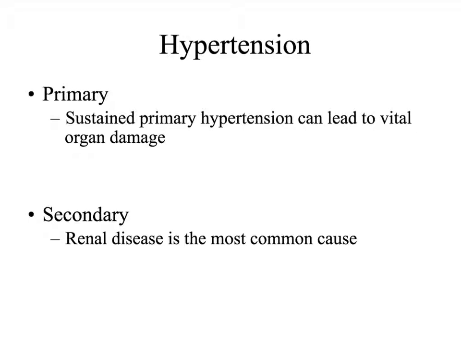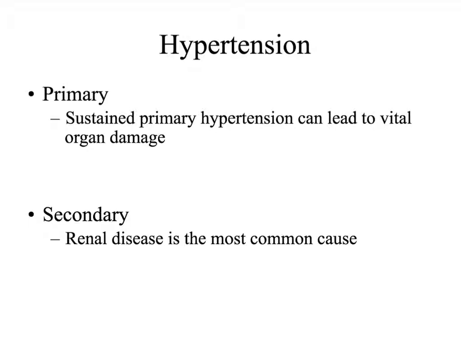Some oral contraceptives that have estrogen in them can cause hypertension in some women, and usually that's women over the age of 40 that smoke. A higher percentage of men than women have hypertension until age 45.